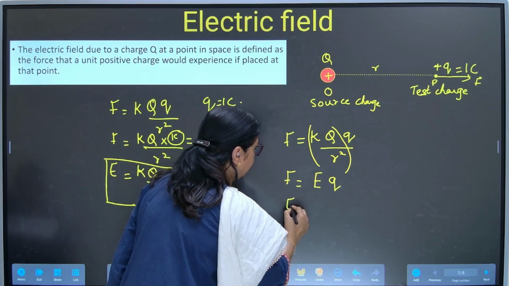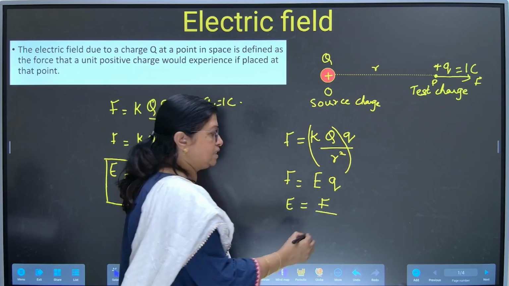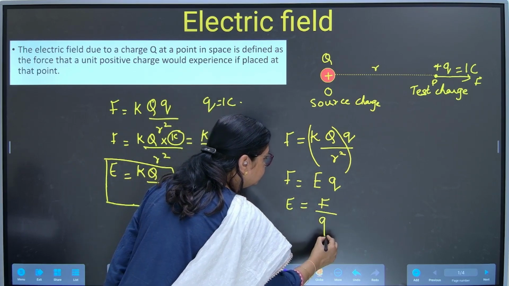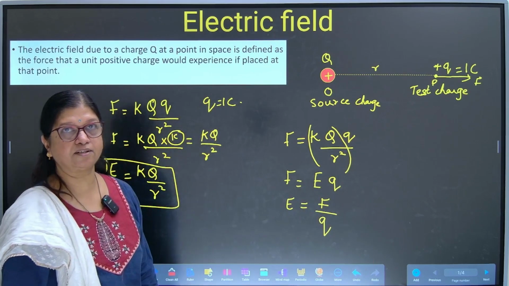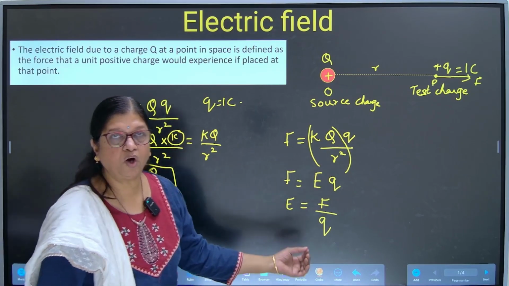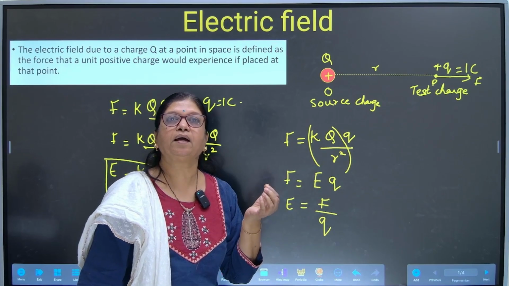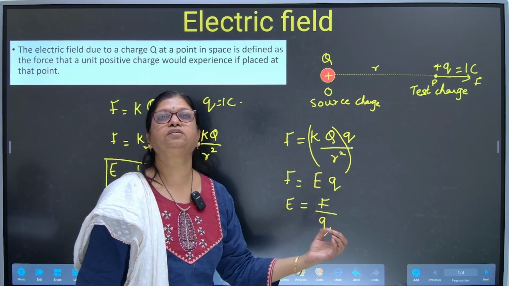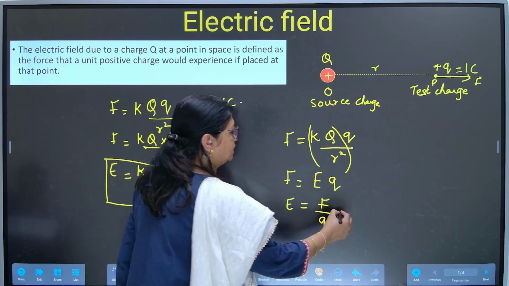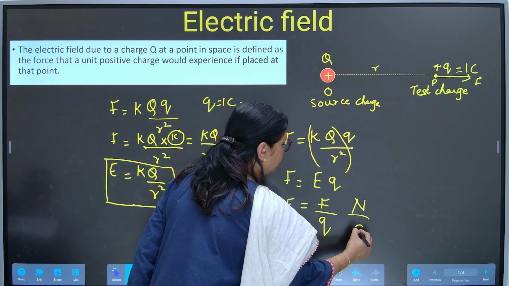So what can I write? Electric field is equal to the force between the two charges per the unit charge. So another definition for electric field is the force per unit charge, and its SI unit is given as Newton per coulomb.